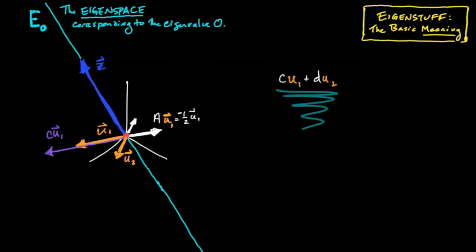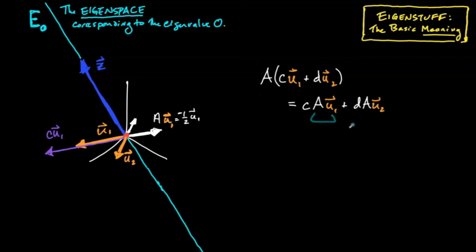If we start with any linear combination of these two eigenvectors with the same eigenvalue, -1/2, and hit that linear combination with matrix A, the basic linearity properties tell us that this is going to be C times AU1 plus D times AU2. But we know what AU1 and AU2 are, because those are known eigenvectors. Namely, we know that this stuff is equal to this stuff: C times -1/2 of U1 plus D times -1/2 of U2.